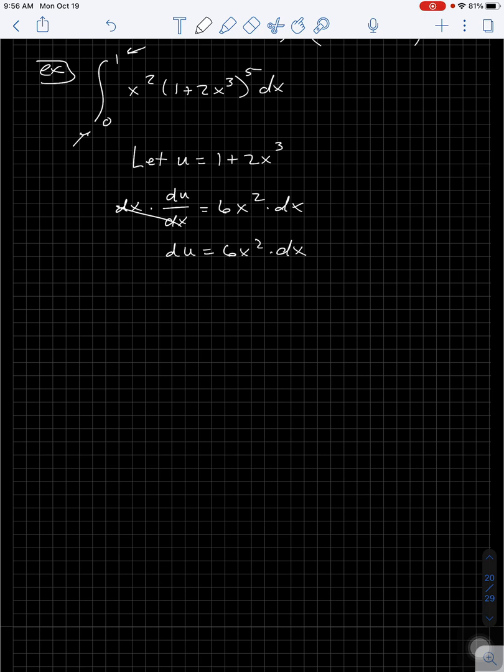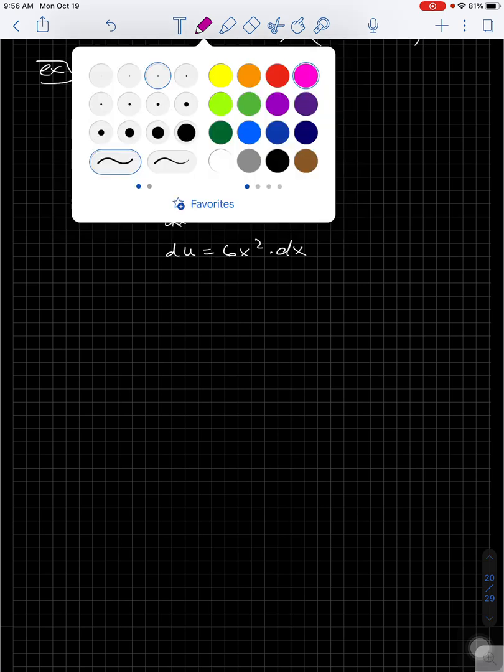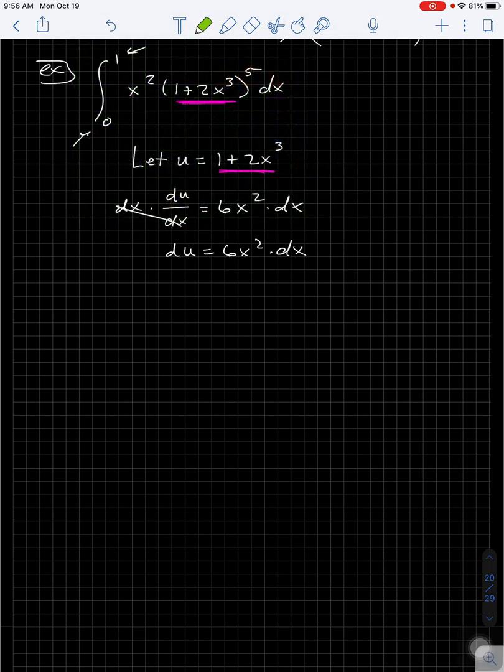Now, here's a little adjustment that we haven't had to make. Let's do our comparison. Make sure we account for everything. This is this part, okay? The 5 will carry through, that's fine. But look at what I have. The du is going to compensate for an x squared and a dx. That's this and this.